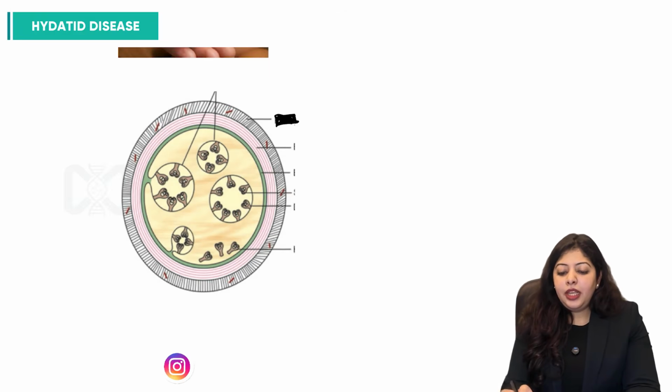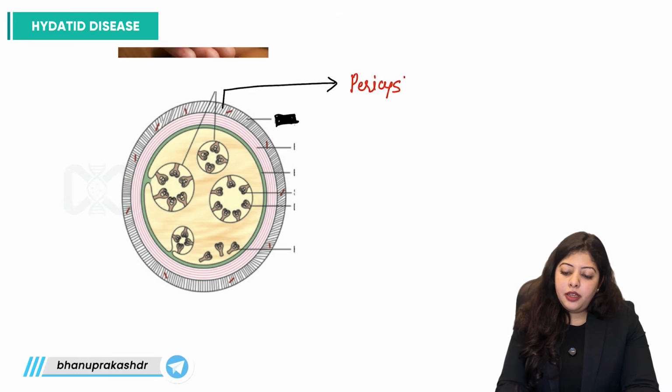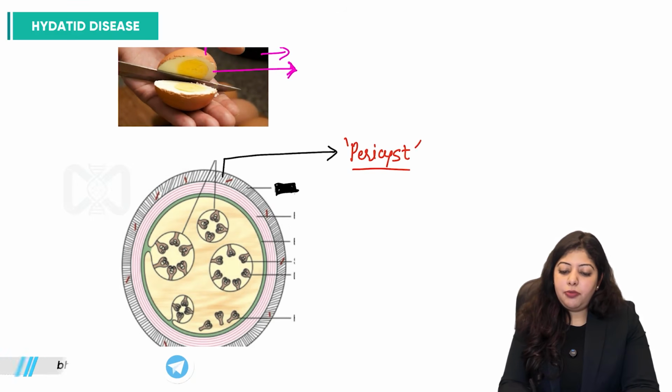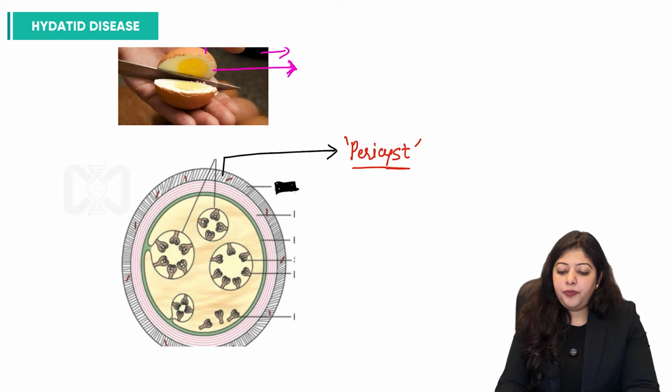So firstly, let us take into consideration this outermost layer. This outermost layer is known as the pericyst. Also keep in mind the outermost covering which is present in the egg, right? This is the pericyst.